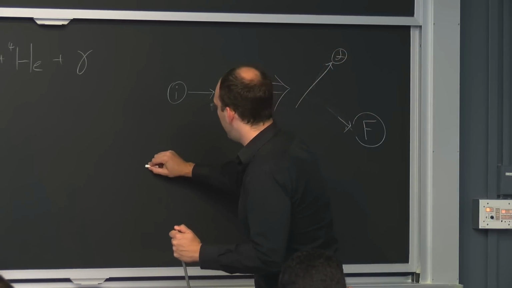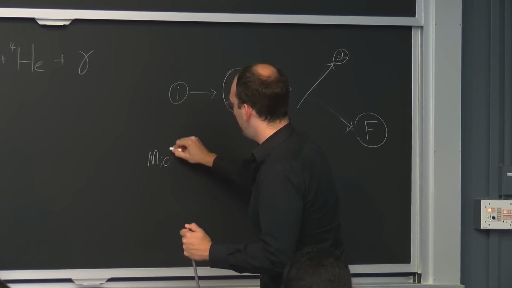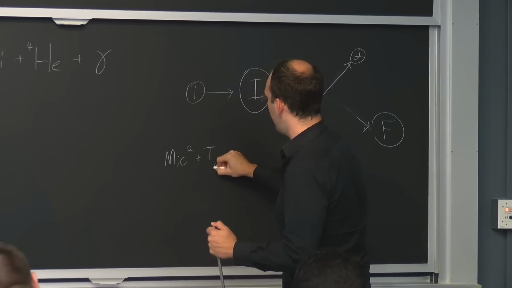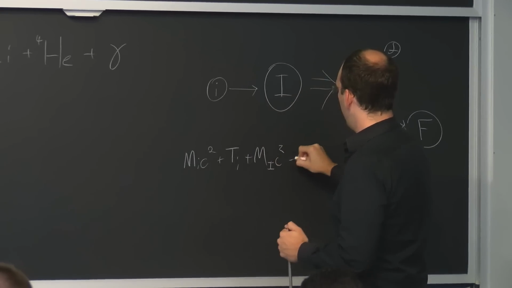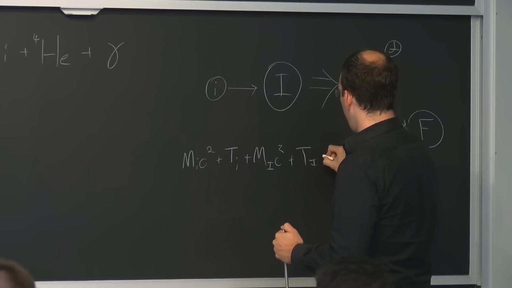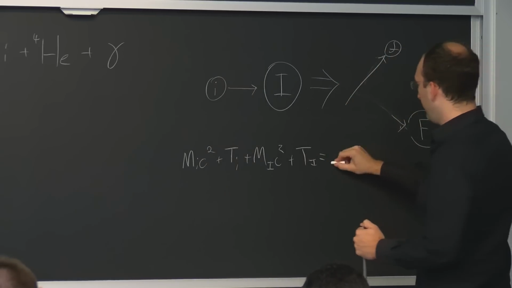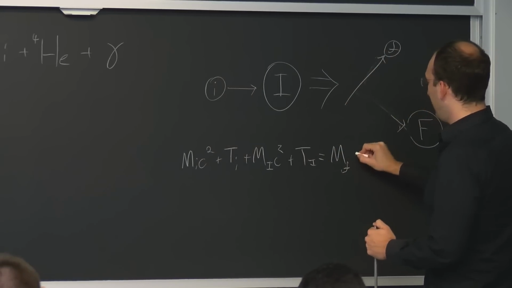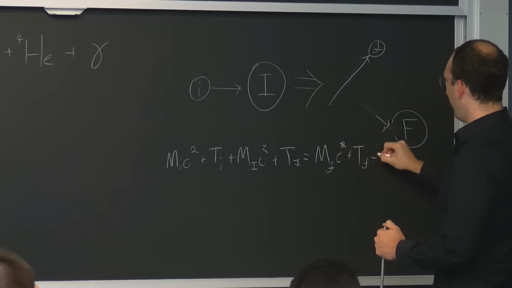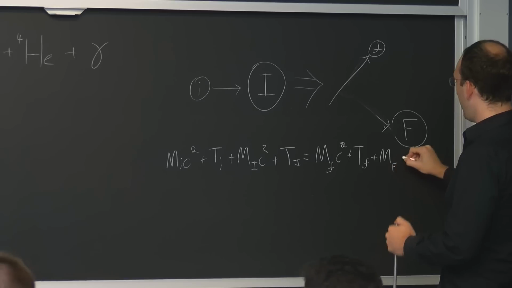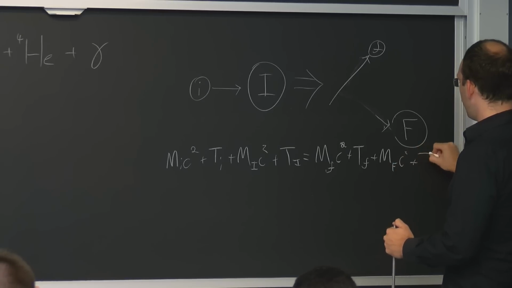So we can write, let's say, the mass of nucleus i, c squared, plus the kinetic energy of i, plus the mass of big I, c squared, plus the kinetic energy of big I, has to equal the mass of little f, c squared, plus the kinetic energy of little f, plus the mass of big F, c squared, plus its kinetic energy.